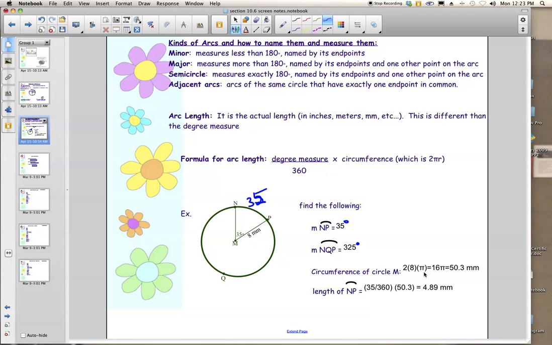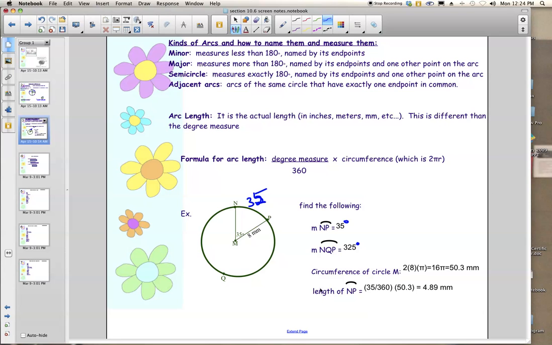Radius is 8, it was given to us, times pi. 2 times 8 is 16, so 16 pi would be your exact answer. And then 16 times pi gives you 50.3 millimeters. This is your rounded answer. Exact answer would leave pi there. Rounded answer would multiply the pi into the problem.